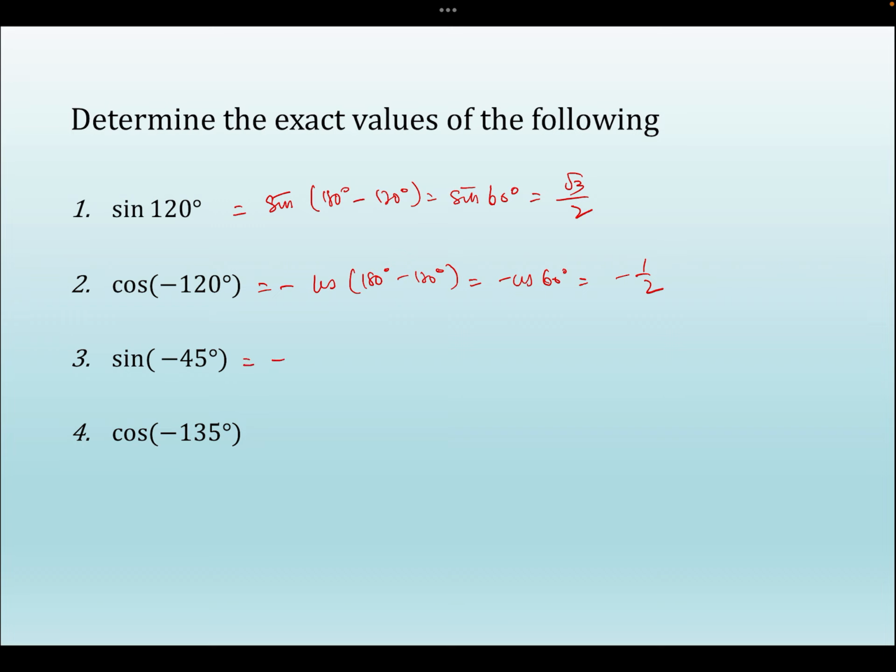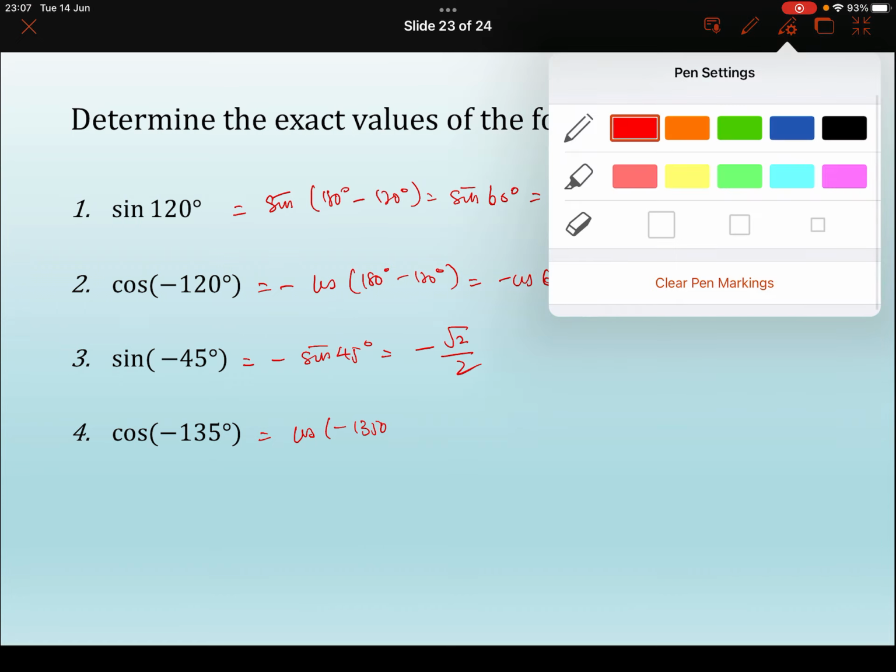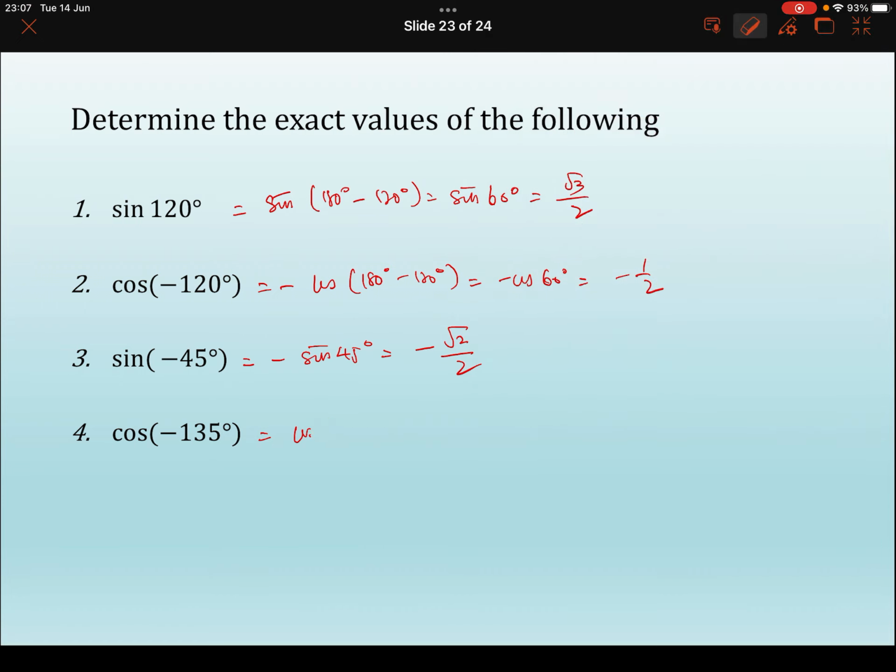Minus sine 45 degrees is minus square root of 2 over 2. And finally, cos minus 135 degrees is the same as cos 135 degrees, which is minus cos 45 degrees, which is minus square root 2 over 2.